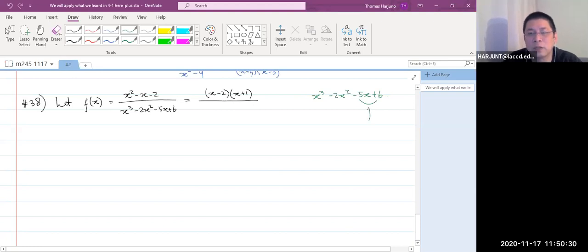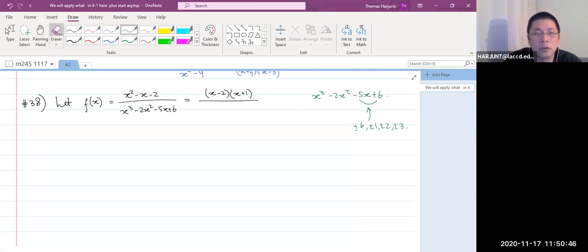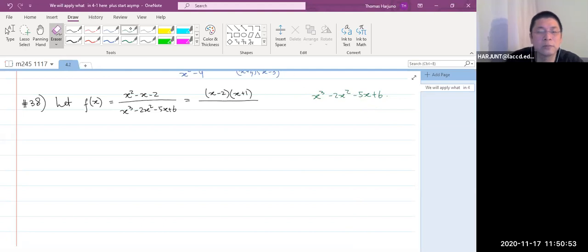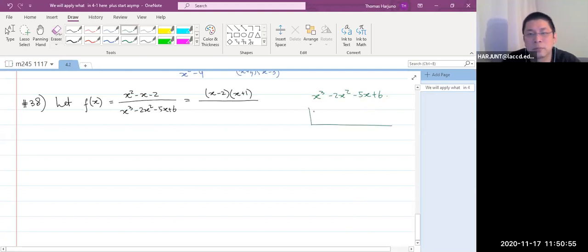And if that zero is rational, then it will be plus or minus a factor of 6 over a factor of 1: plus or minus 1, 2, 3, 6. So let's try. What number should we try as a candidate? I do this by guessing. Let me try 2.